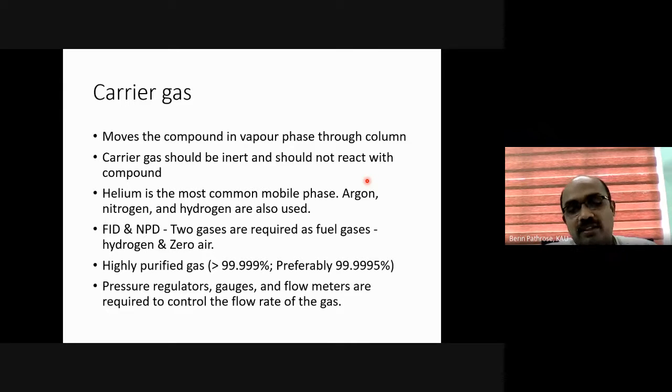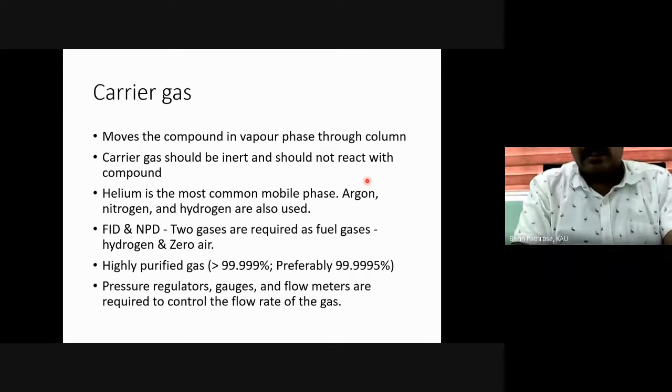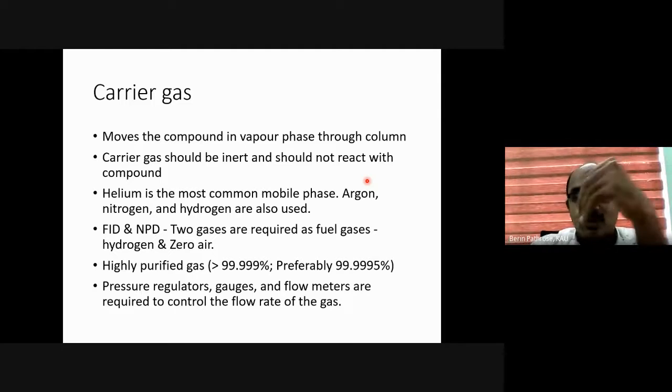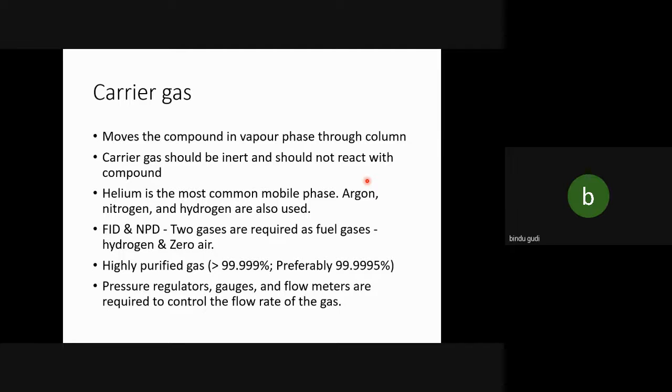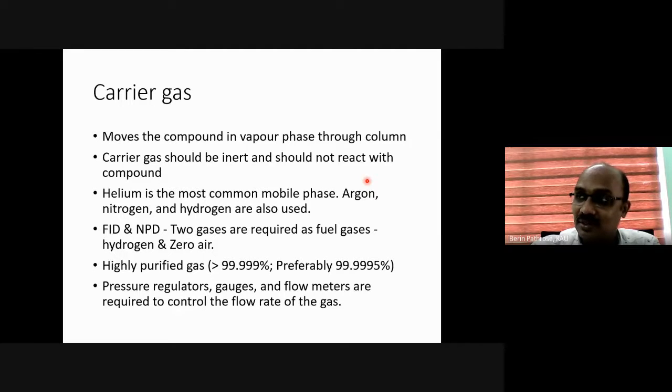Have you seen an LPG cylinder at the bottom of that flame photometer? Yes or no? No, sir. No. Then did you see that flame in that?